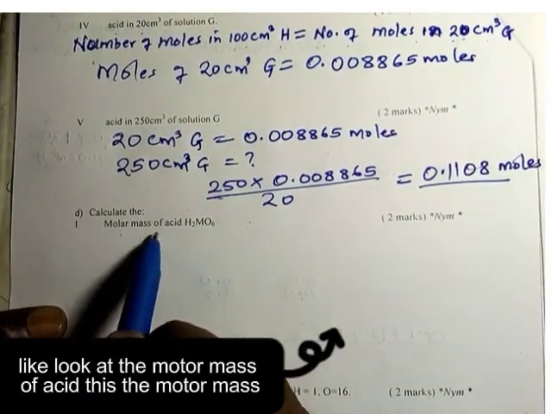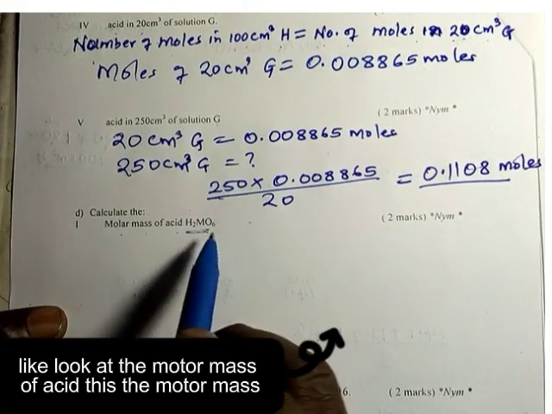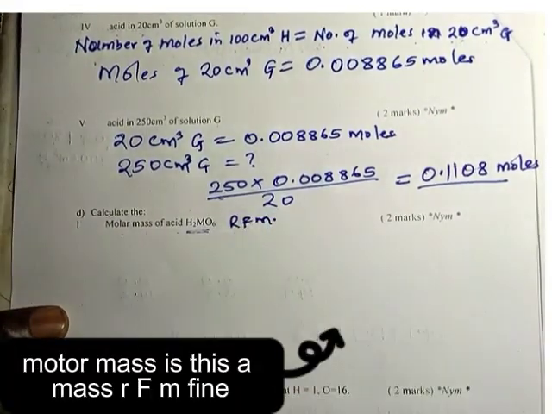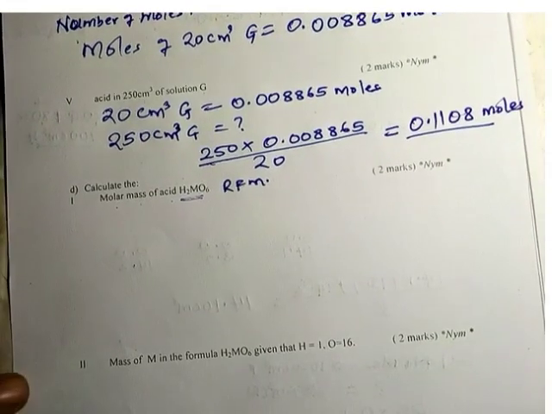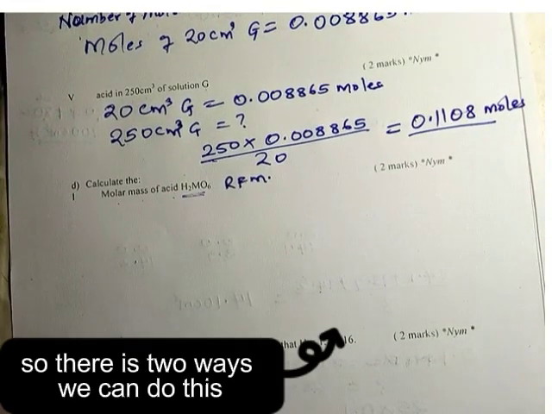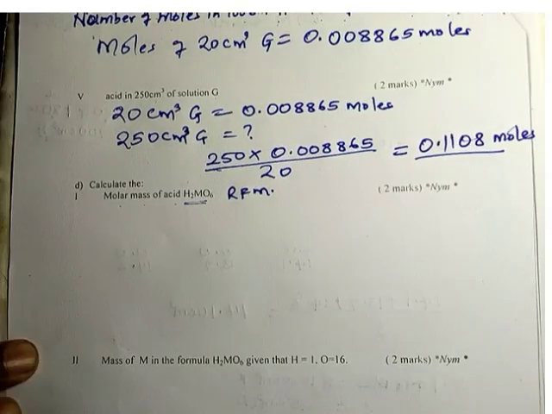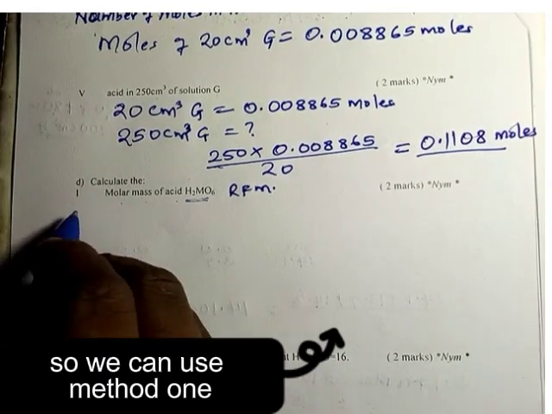Calculate the molar mass of acid. The molar mass is the same as RFM. Fine. So there are two ways we can do this. So we can use method 1.